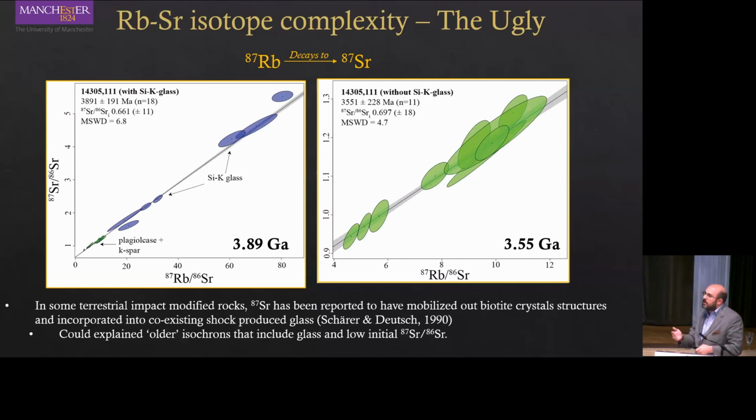In the terrestrial setting, people were describing strontium being mobilized from biotite crystals into shock glass. Potentially, we're seeing a similar thing here, where the strontium is moving from the feldspars into the glass. This would explain why we have an older age when we plot isochrons that include glass, and could also explain why we have quite low initials for some of these isochrons.